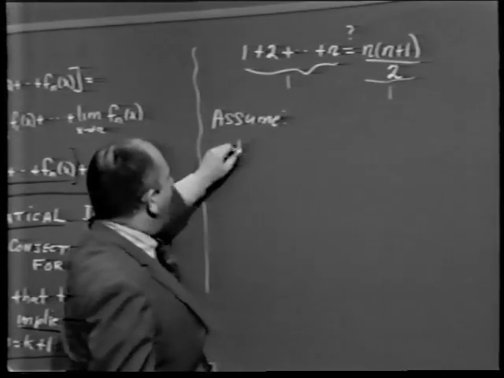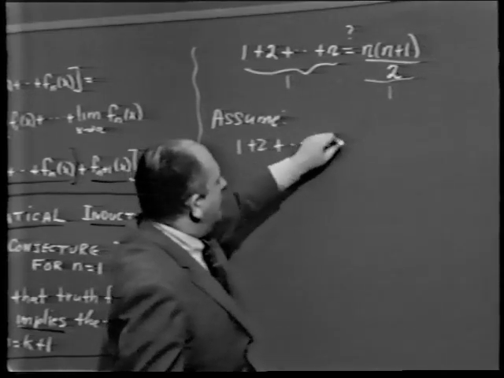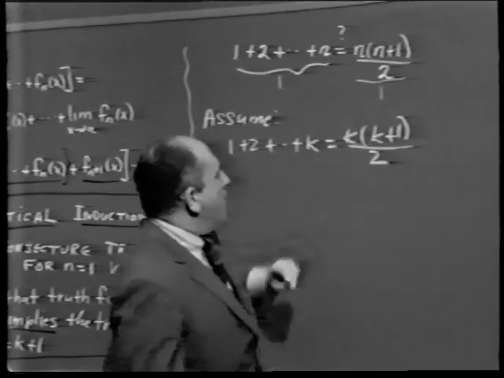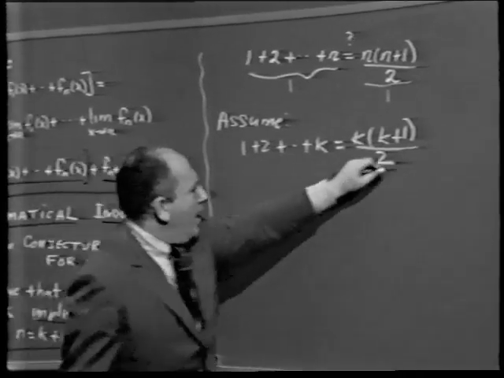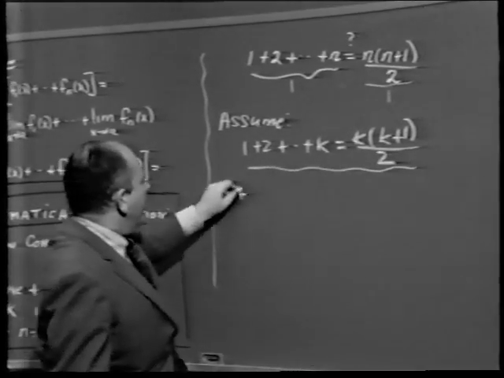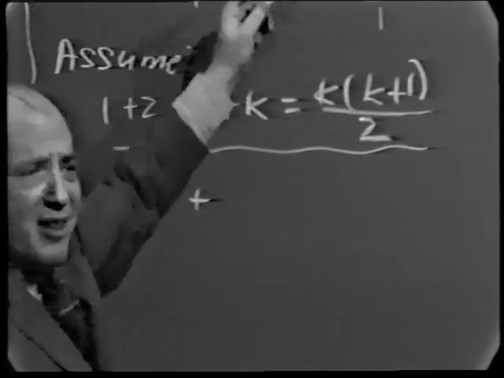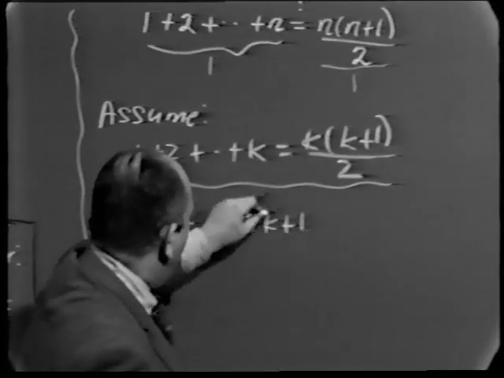Well, just replace n by k. We're assuming that this is true. From the truth of this, what must we do next? Well, what we must do next is investigate what happens if you add, not k numbers, but k plus 1. In other words, what happens when you replace n by k plus 1.